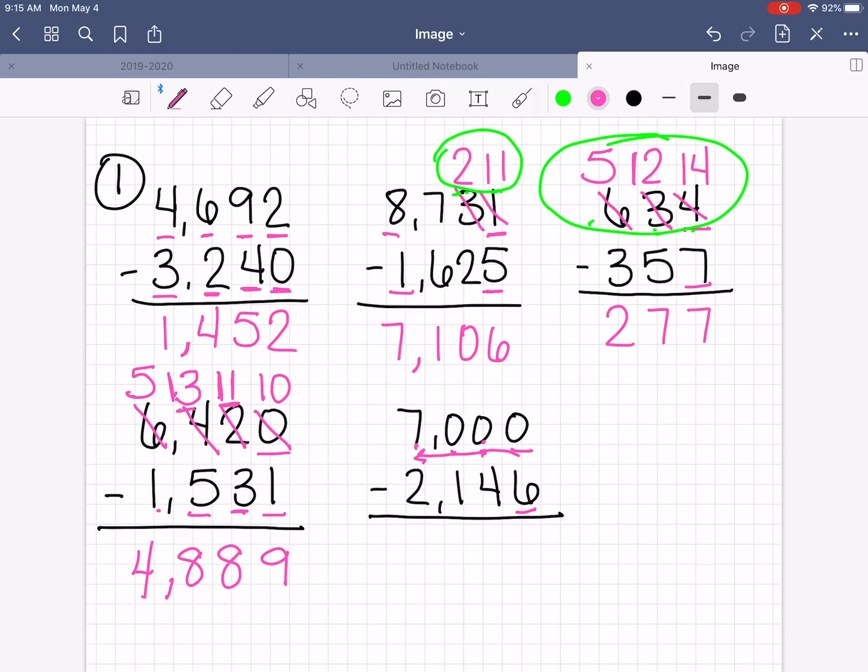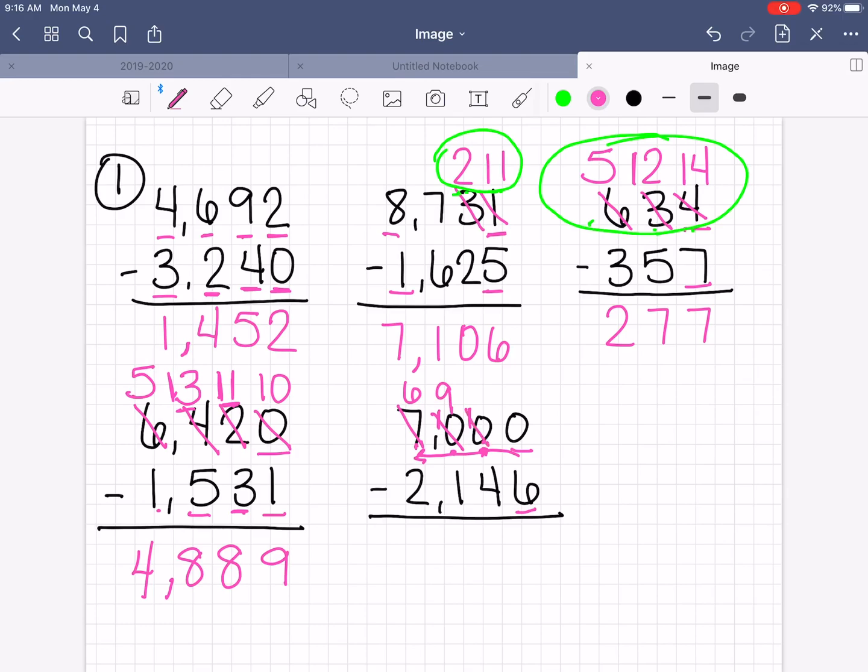Okay, so I'm going to cross out my 7, and it's going to become a 6. And then I'm going to have a 10 here. I'm going to put it like that. Here's my 10. Now I can take from my 10 to give to, from my hundreds to give to my tens. Sorry. So my 10 becomes a 9, and I have a 10 over here.